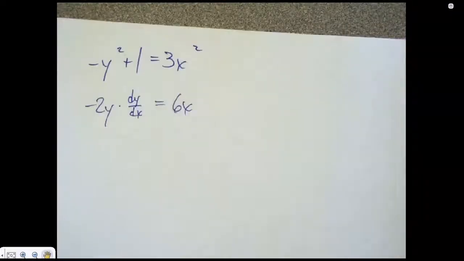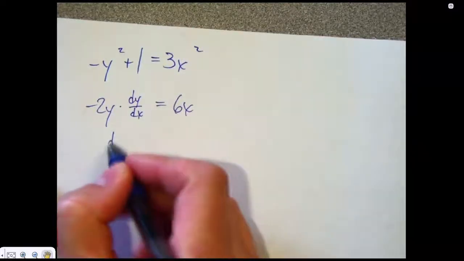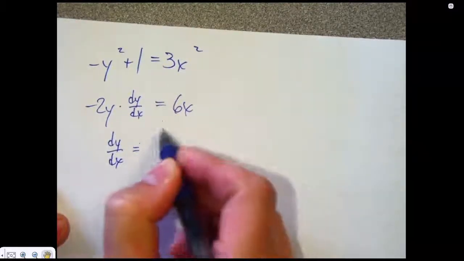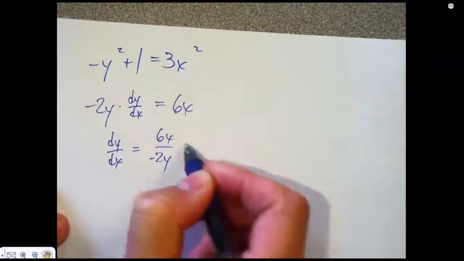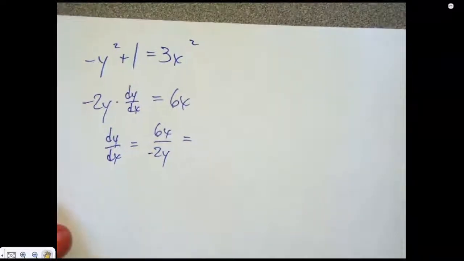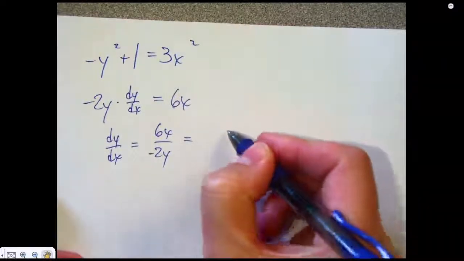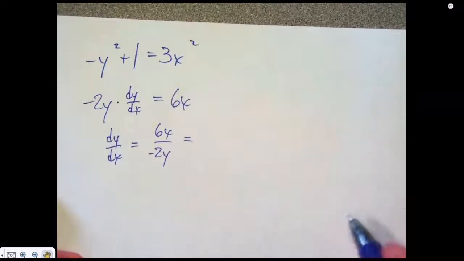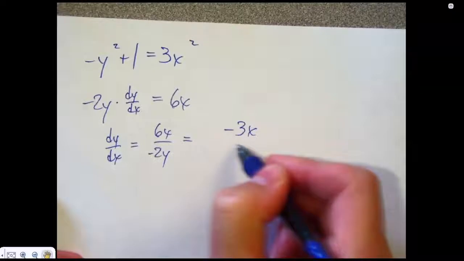Because the derivative of 1 is nothing. So then dy/dx would equal 6x over negative 2y, which typically I would tell you don't simplify, but because we have to work with it, the simpler it is, the easier it is to work with going forward. So I would put the negative on top, actually. I think that's easier for most of you guys. You can do it wherever, but I would rewrite this as negative 3x over y.